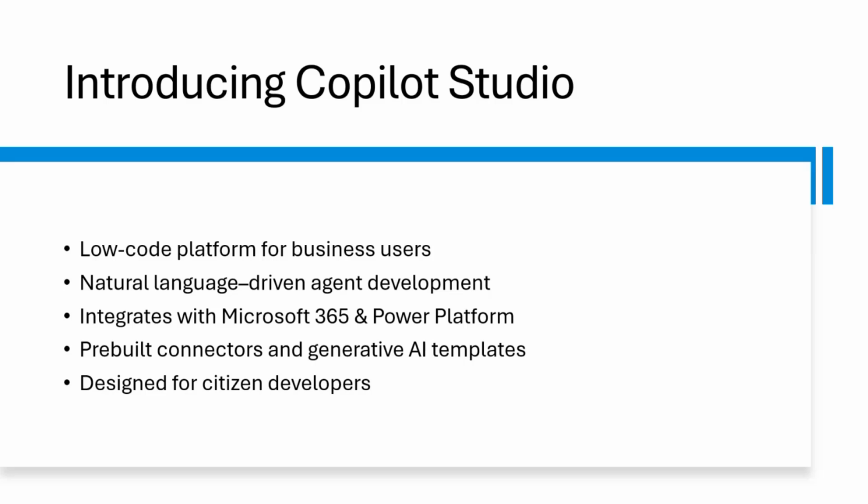It's natural language driven. The entire agent will be created using natural language text, which I will showcase to you. There are a lot of pre-built connectors available that you will be able to integrate with. So the idea here is to give them a low code platform where they can predominantly do a lot of things around creating the agents, adding the knowledge, providing the actions, incorporating any actions that they want the agent to take care of, all without writing code at all.